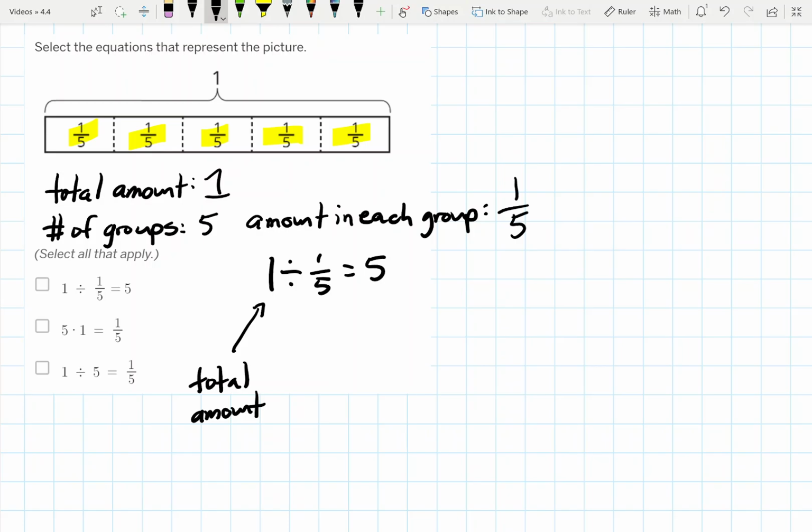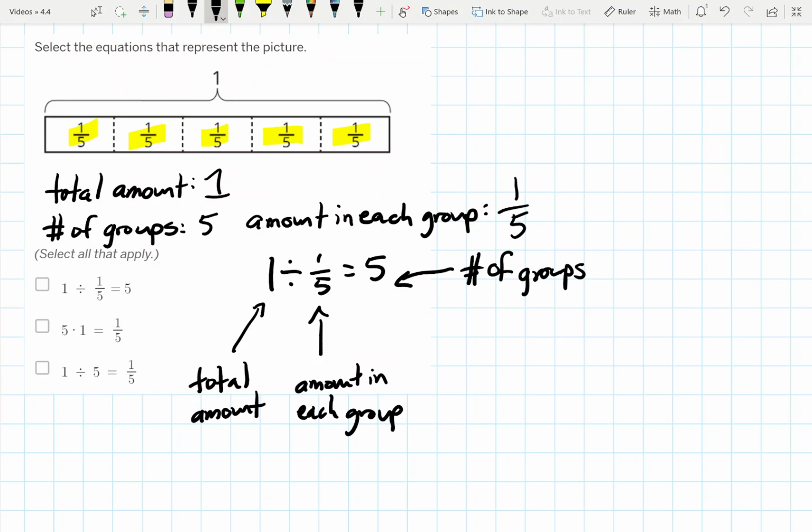So far, so good. 1/5 could be the amount in each group. And if we use that for our divisor, then our quotient becomes the number of groups. So yes, 1 divided by 1/5 equals 5. That equation does represent this picture.